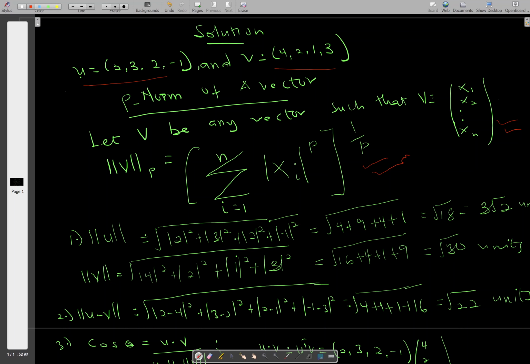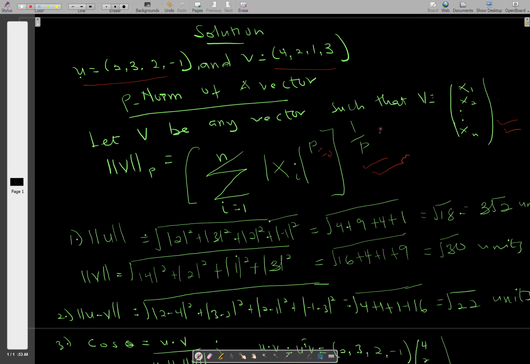Now let's choose each vector. We have two vectors u and v. But you realize that all the elements in each of the vectors are real numbers, and since the elements are real numbers, we find the Euclidean norm. The Euclidean norm is the same as the 2 norm, so this time our p is equal to 2.